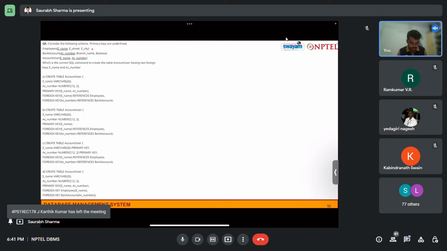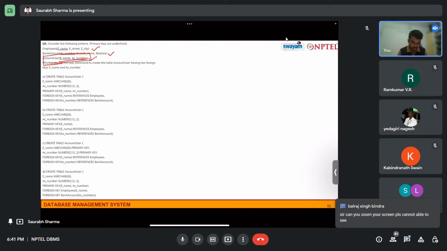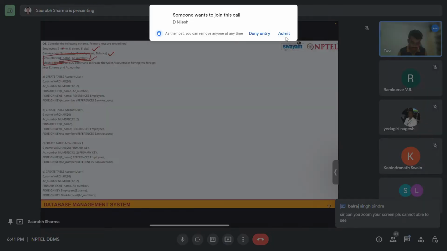First is employees, then AC, then account user. Account user sits between employees and bank account, so this relation will always take both of the primary keys of these relations as its primary key.